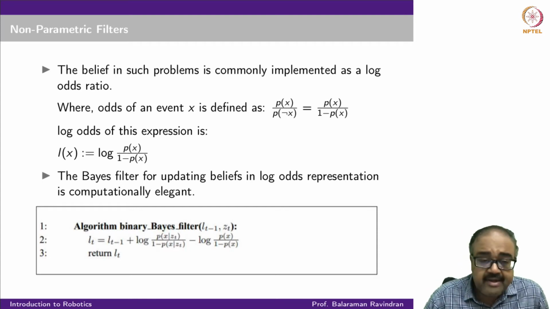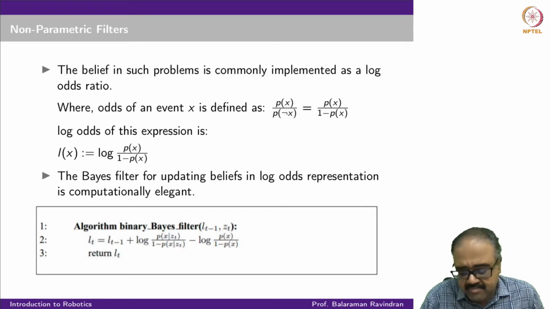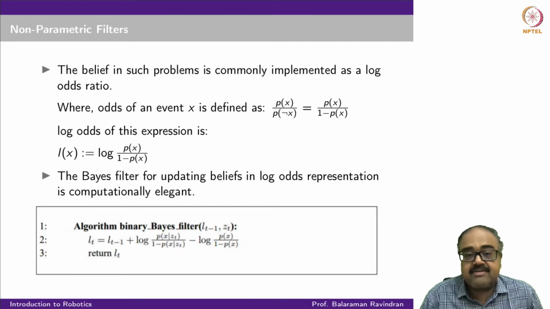And so L t, my belief at time t, is this additive expression. I take L t minus 1, which is my belief at time t minus 1, plus log of the probability of x given z t divided by 1 minus probability of x given z t, minus log of p of x divided by 1 minus p of x. So what is this p of x?